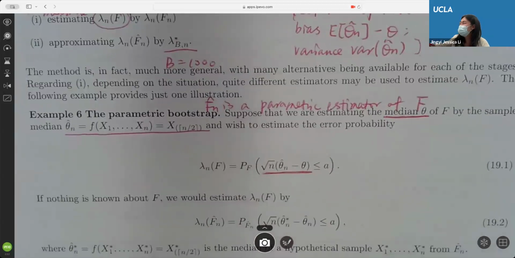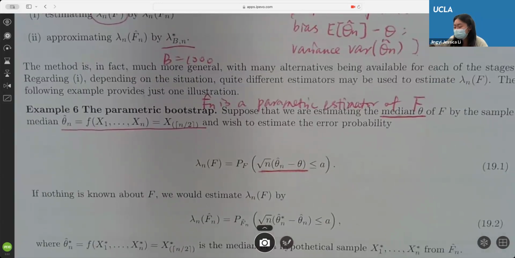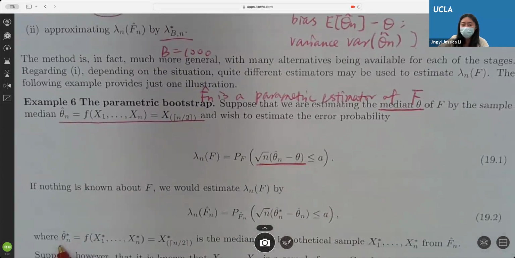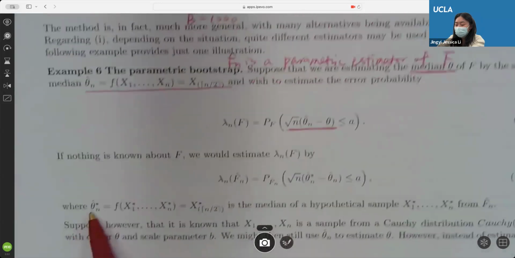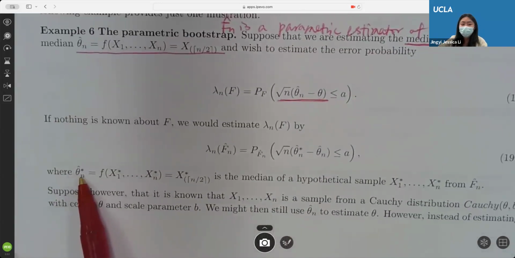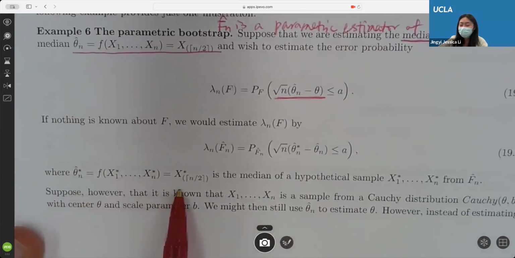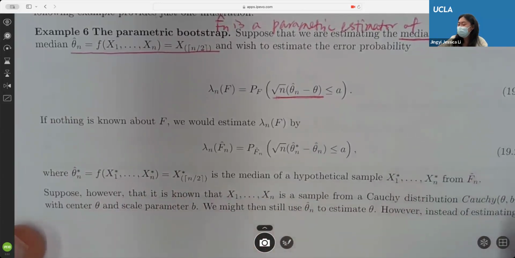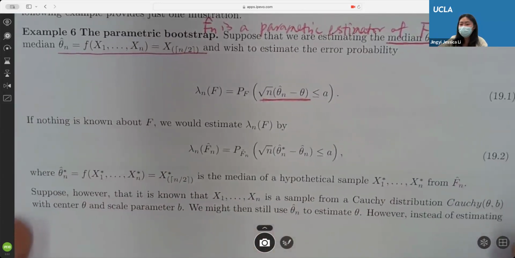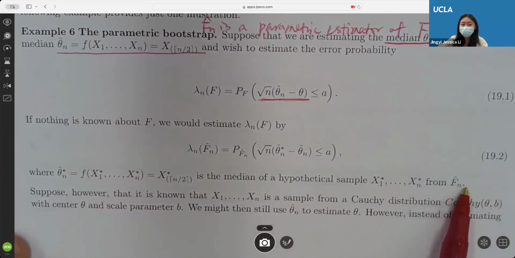Now we are treating the empirical CDF as a plug-in estimator for the true F, so that's why theta becomes theta hat n. And how do you calculate this theta hat n star? You use a hypothetical sample, which is sampled with replacement from your empirical CDF, the actual sample.